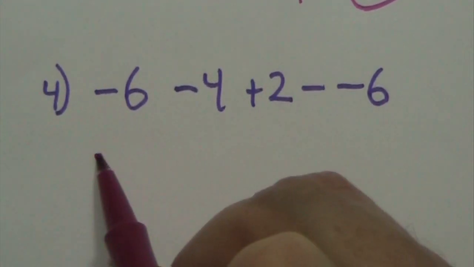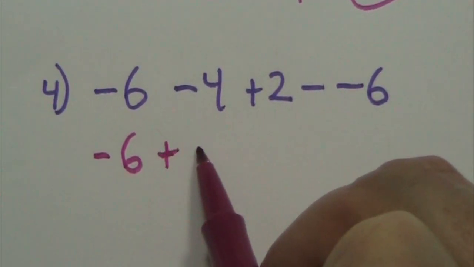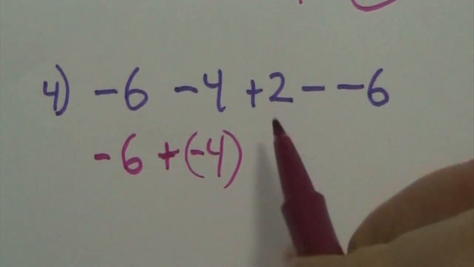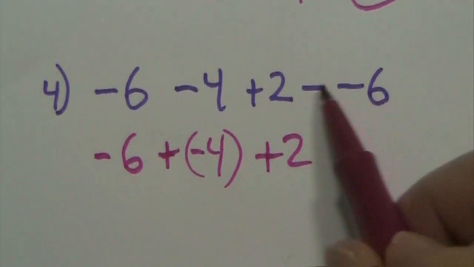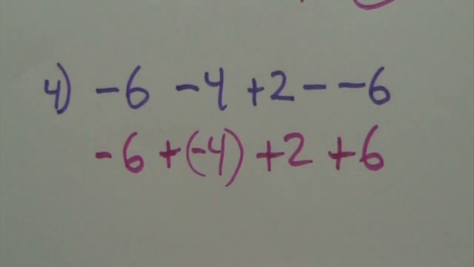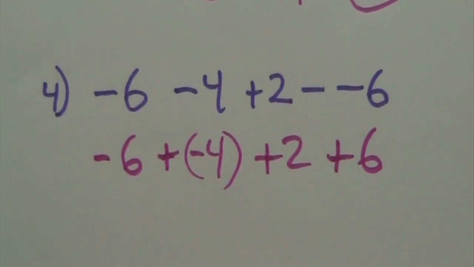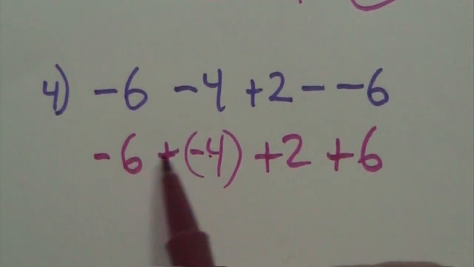So if you rewrite this, that'd be -6 and -4 and a 2 plus 2, and then this makes a big plus. That's +6. Okay, if I just go left to right, these two together are the same, just add them up.